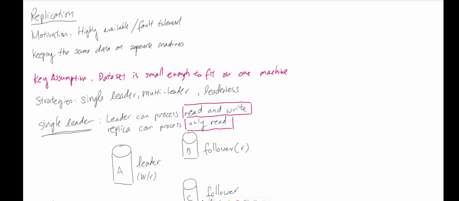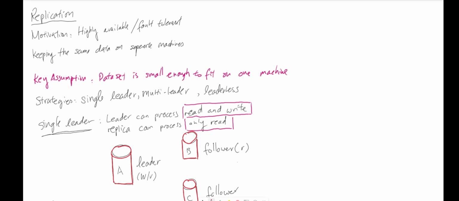So if we have a distributed database, let's say with 3 replicas, each replica can contain a complete copy of the entire data set. If you look at this diagram, we have 3 databases, three replicas. Each replica should be able to contain all of the data available.